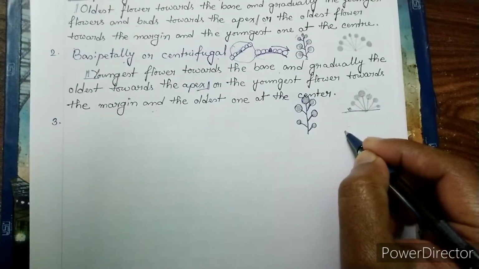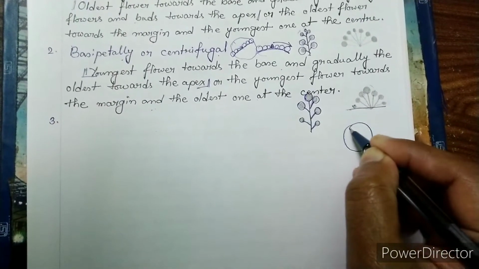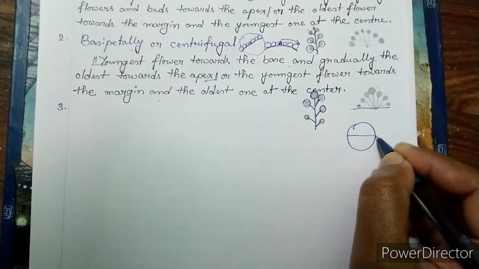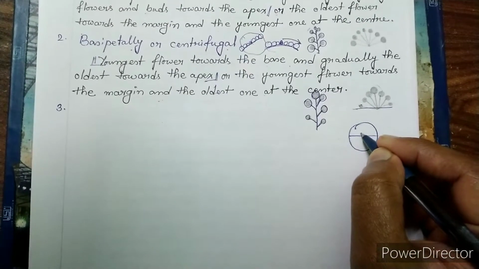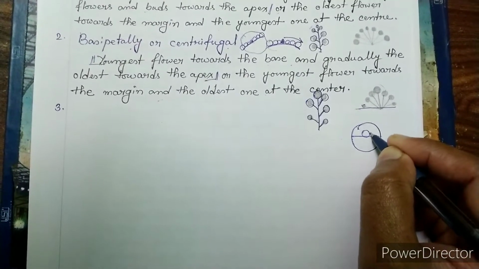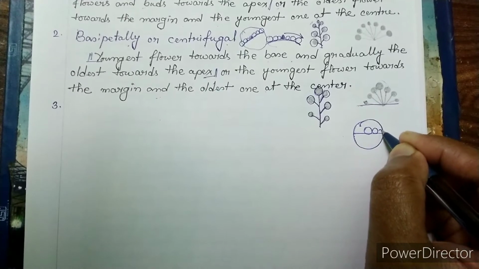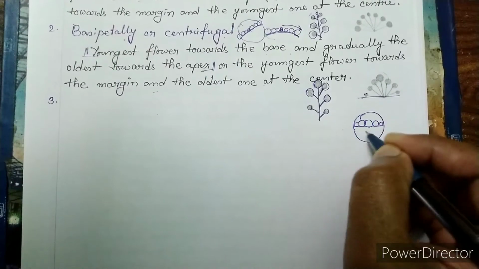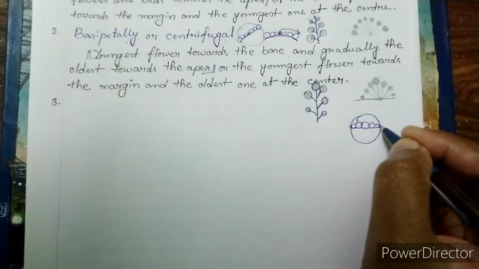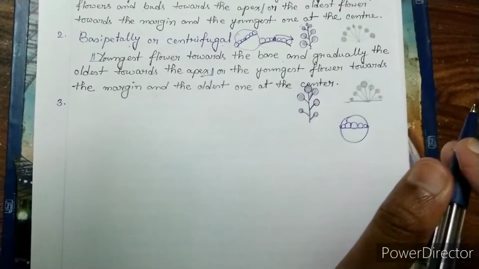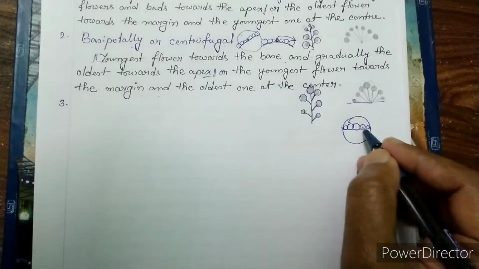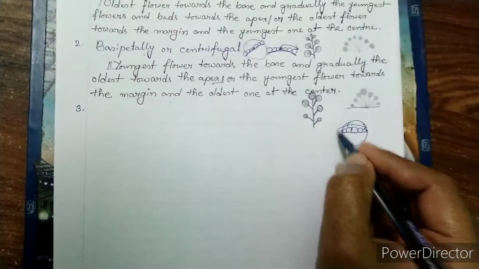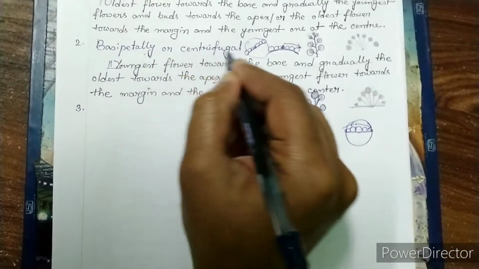Okay, you just notice one thing, that if this is the point, the bigger one, it gradually changes, and from this maybe the younger one. So this gradually changes. So this type of arrangement of flowers is called centrifugal.